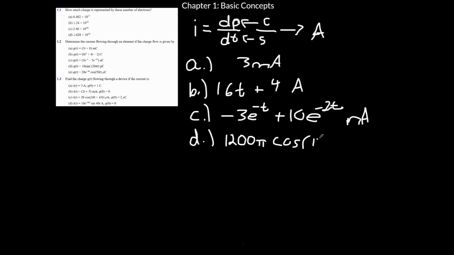Then we keep the inside the same, so 120 pi t, and that's going to be in pico amps. So again, basic, I believe that's chain rule right there.